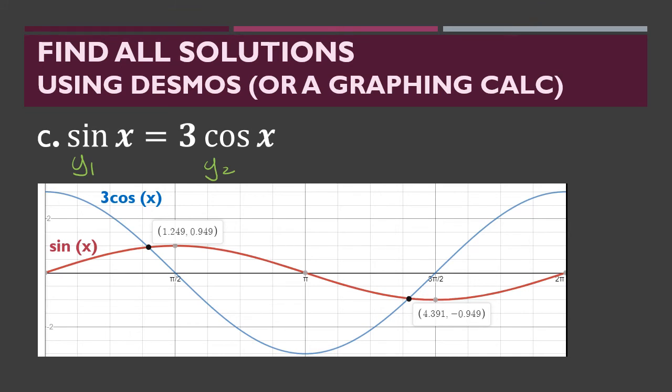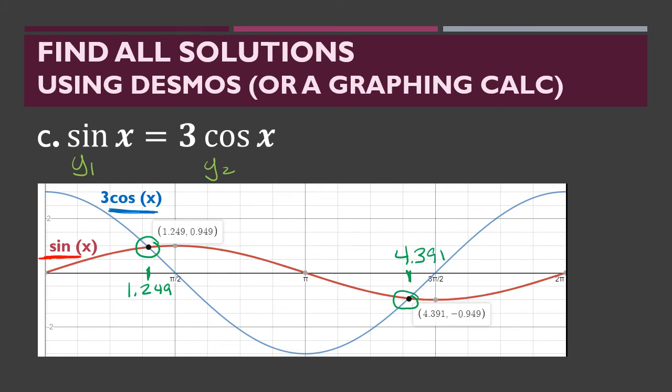When you look at your graph, the red graph is the sine of x, and the blue graph is a graph of 3 cosine of x. If you look at your graph, these two graphs intersect in 2 different points. They intersect right here where the x value is 1.249, and they intersect right here where the x value is 4.391.